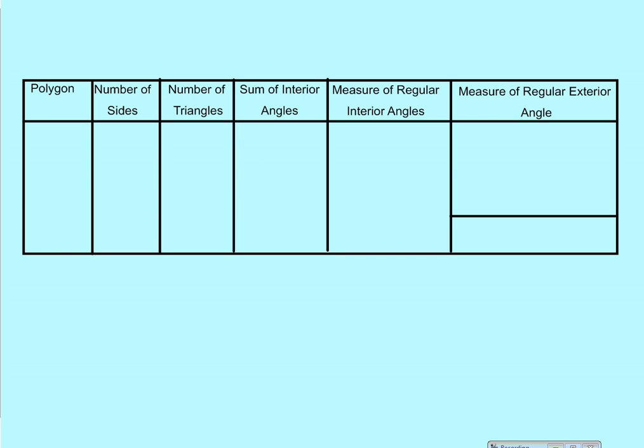You're noticing some patterns that emerge here. For a generic polygon, if the number of sides is n, the number of triangles is always going to be n minus 2. The sum of the interior angles is always the number of triangles times 180, so that's n minus 2 times 180, where n is my number of sides.